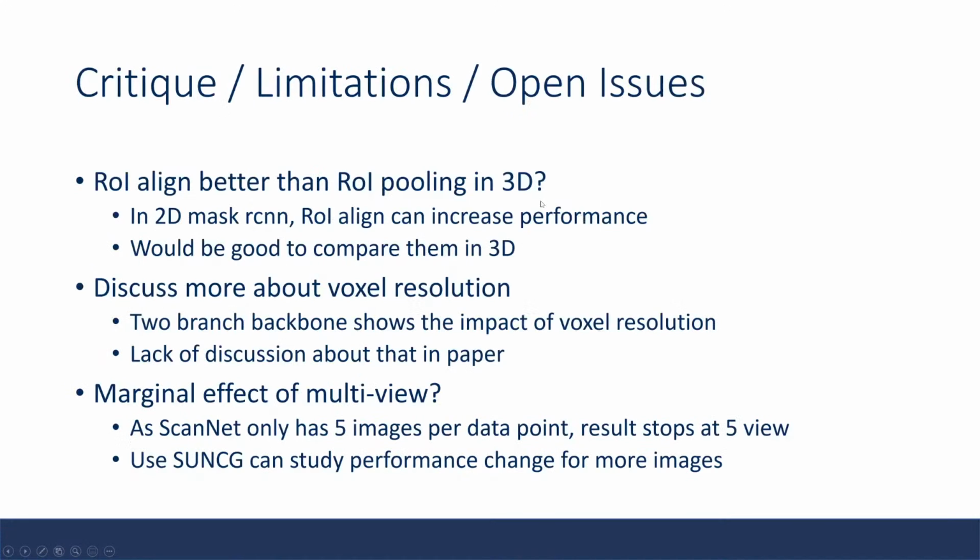So what are the critique and limitations for this paper? Firstly, they only use ROI pooling but not ROI align, yet in 2D computer vision tasks, it's already well known that ROI align can increase the performance compared to ROI pooling. It would be good to at least try ROI align and see if it also works in 3D.